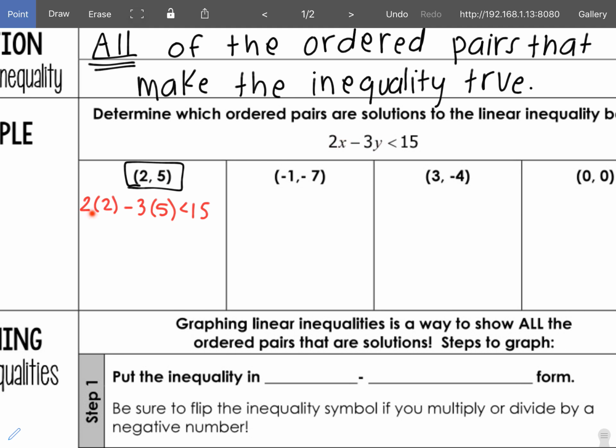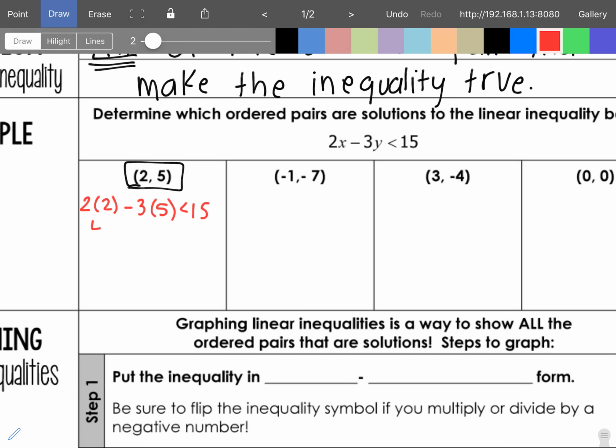So 2 times 2, minus 3 times 5, is less than 15. 2 times 2 is 4, minus 3 times 5 is 15. 4 minus 15 is negative 11. Is negative 11 less than 15? Yes. So this point, (2, 5), would make that inequality true.